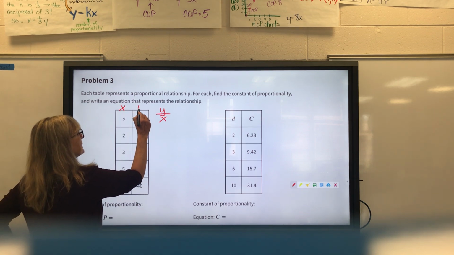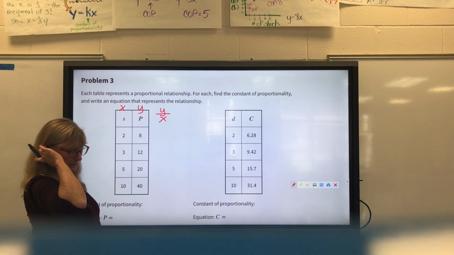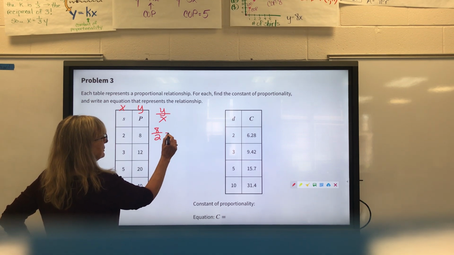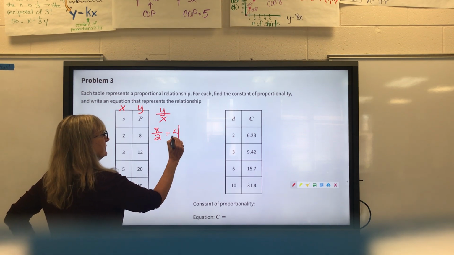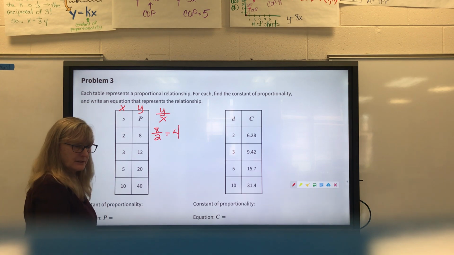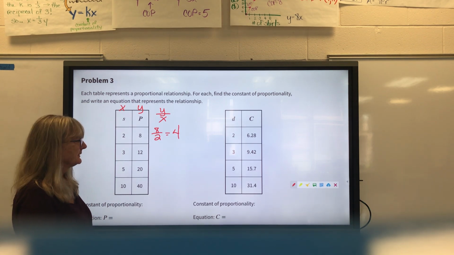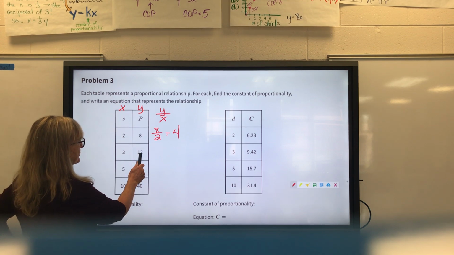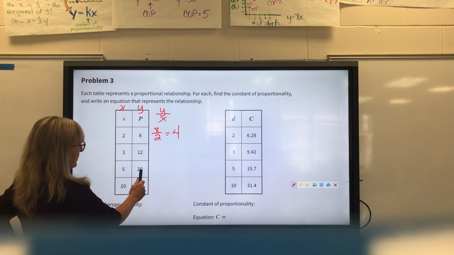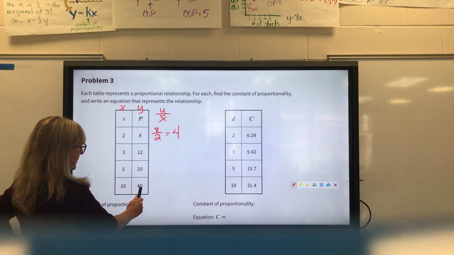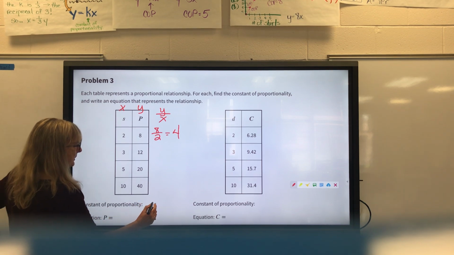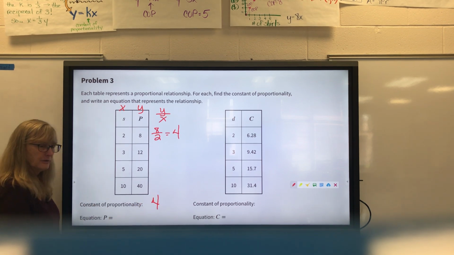This is our x column, this is our y column. So we're gonna do 8 over 2. X is always the first column, correct? Yes, X is always the first column. If we check this, we're told that they're proportional, so all of these should be 4. 12 divided by 3 is 4, 20 divided by 5 is 4, 40 divided by 10 is 4. So our COP is 4.